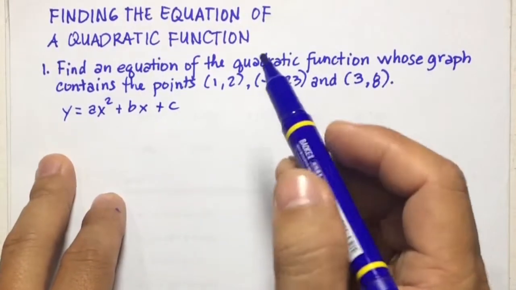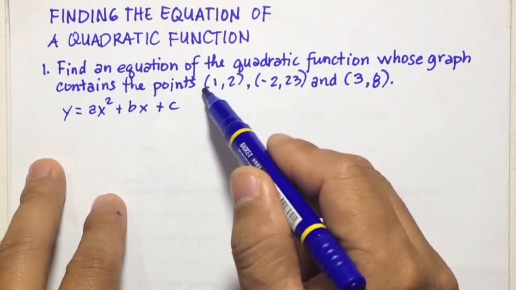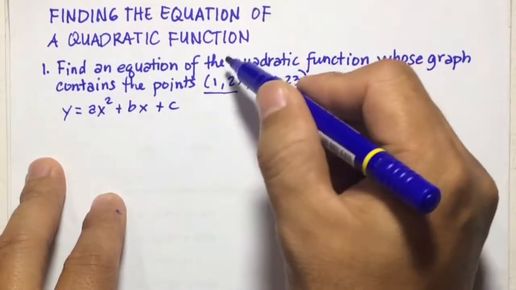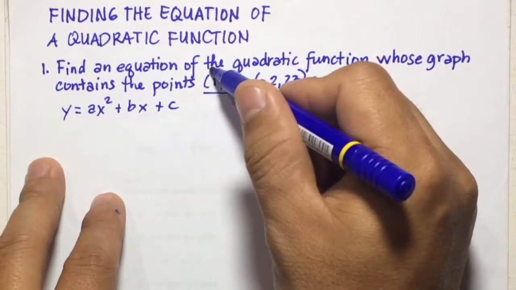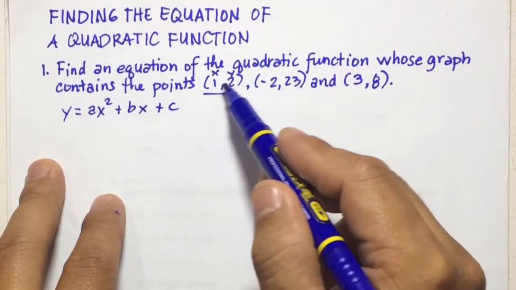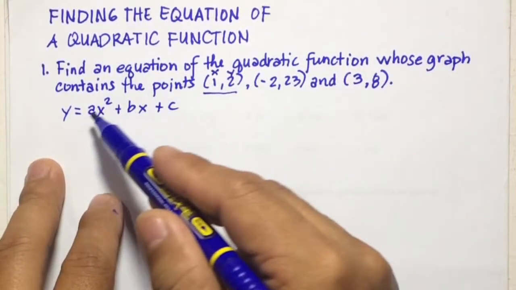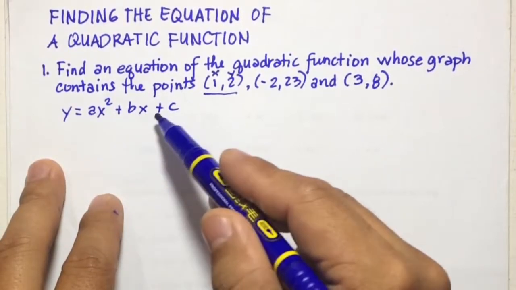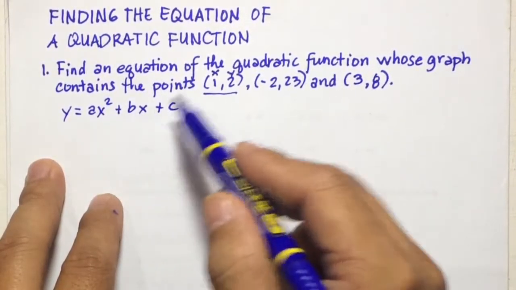So first, we're going to use the first point here, (1, 2). So we're going to substitute x and y with 1 and 2 respectively in the given quadratic function or standard form.